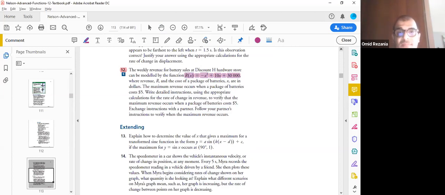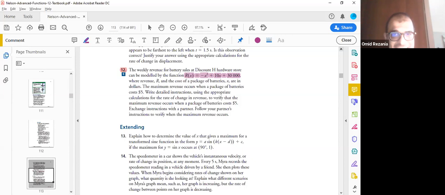R(x), you see, talks about the weekly revenue for battery cells at a store. R(x) represents the revenue. Revenue means the sales, the amount of sales that they make, in dollars, for example.